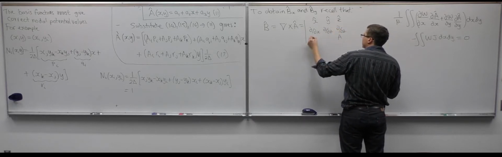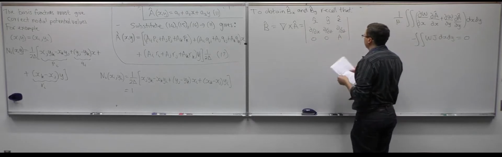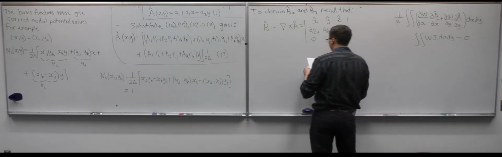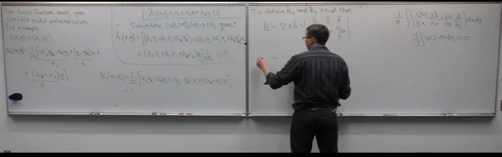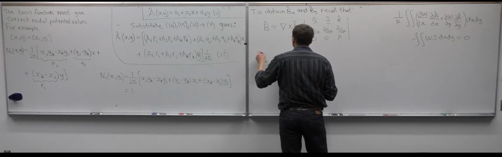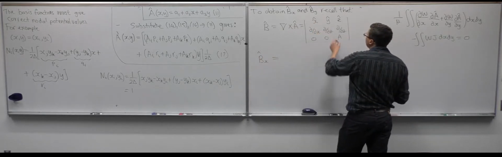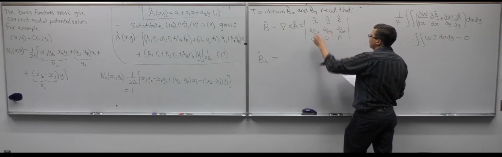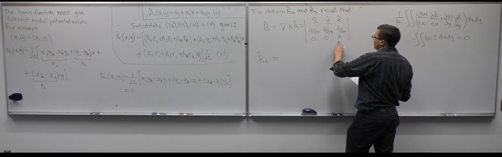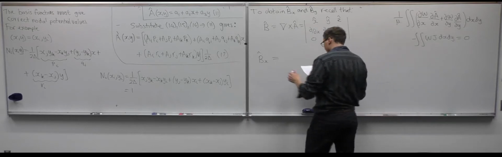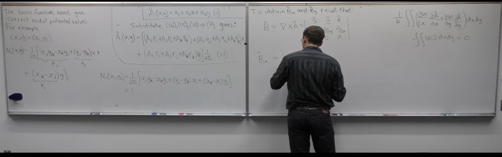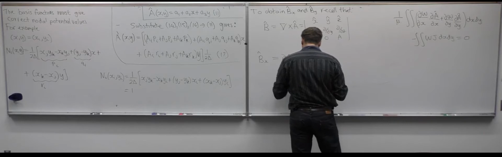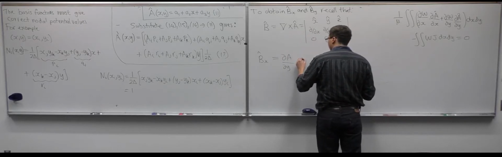The magnetic vector potential only has a Z term. So then, evaluating this, we can find that Bx, so if we evaluate x, whoops, that should be a y there. If we evaluate x, we're going to get del A, del y. And I'm going to call that 22.